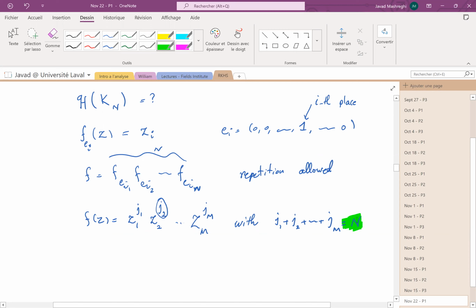And therefore we see that this is a monomial of degree n.